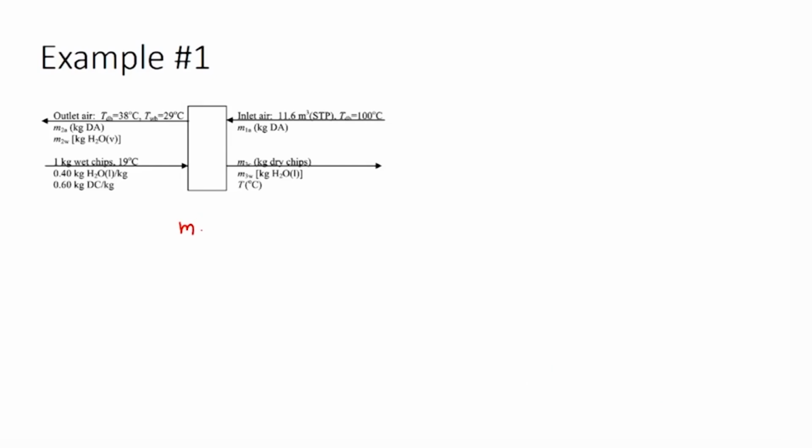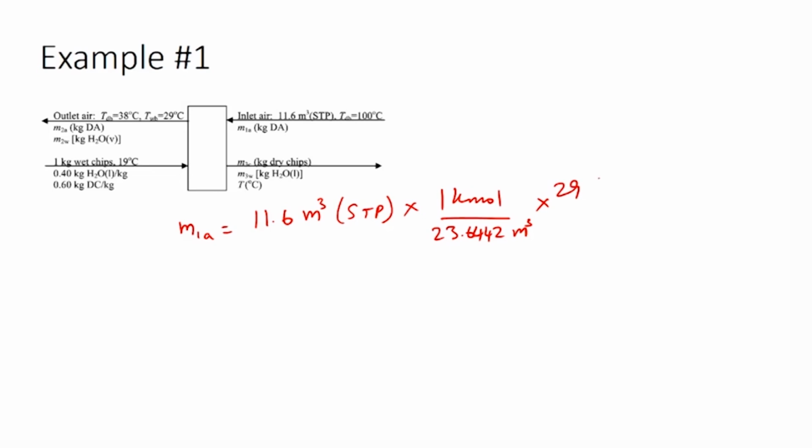The mass of air entering, M1A, equals 11.6 meter cube STP times 1 kilomole divided by 23.6442 meter cube, times 29 kilograms per kilomole.